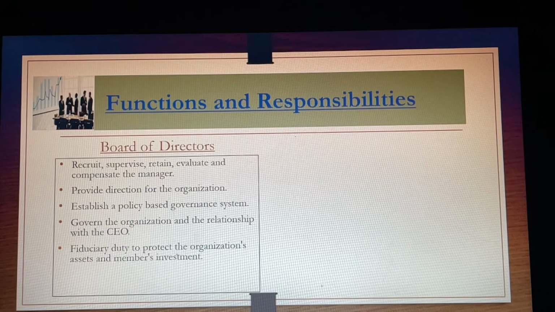For the sake of discussion, the board of directors, also known as the BOD, recruits, supervises, retains, evaluates, and compensates the manager. It provides directions for the organization, establishes a policy-based governance system, governs the organization and the relationship with the CEO, or chief executive officer, and has a fiduciary duty to protect the organization's assets and members' investment.